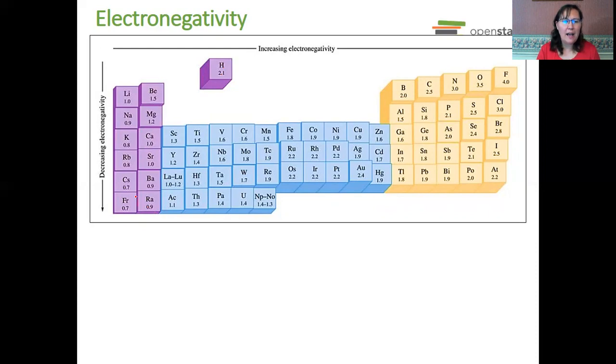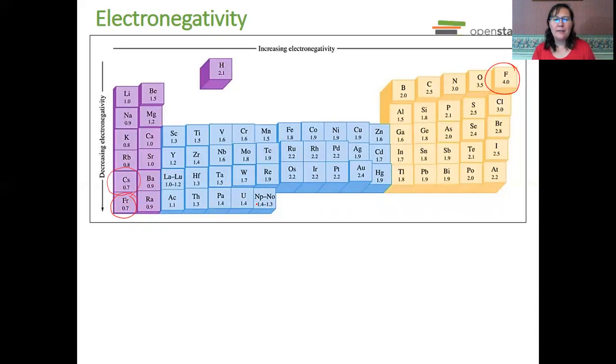First of all, I like topographical maps just in general, but this one really helps you see. Down here we have 0.7 for francium and cesium, and those are the lowest electronegativities, and you can see that down here. And then up here, you have fluorine, and fluorine is the most electronegative atom in the periodic table. Sometimes you have these perfect stair steps.